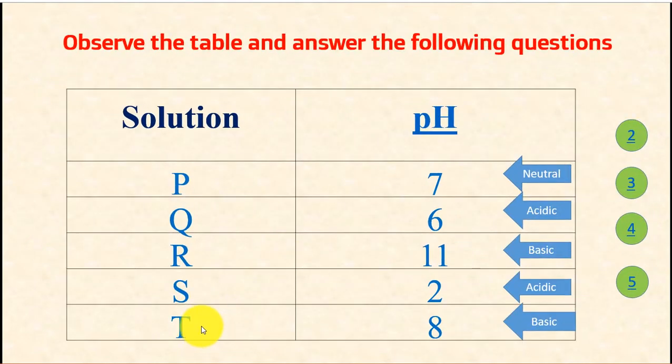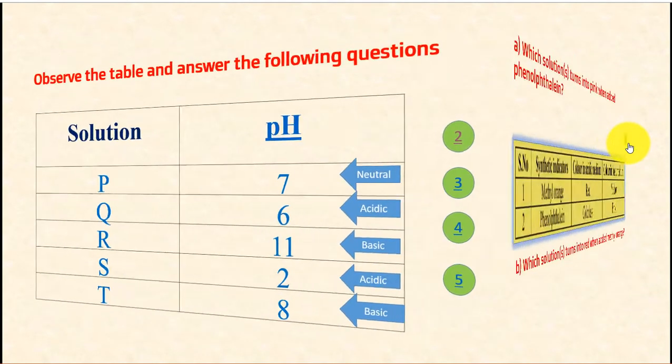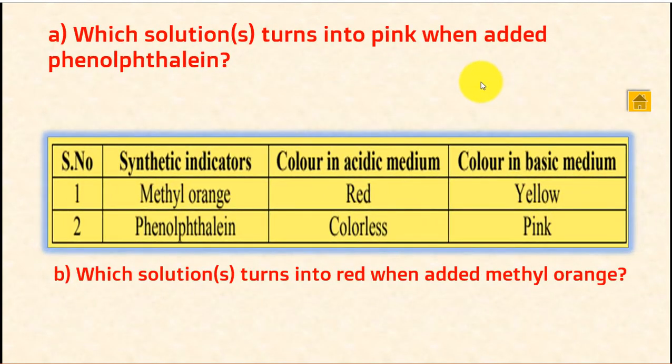Here solution T and solution R are basic. So our answer for the first question is T and R. T and R solutions turn pink when phenolphthalein indicator is added.